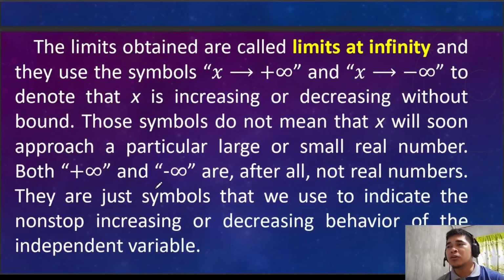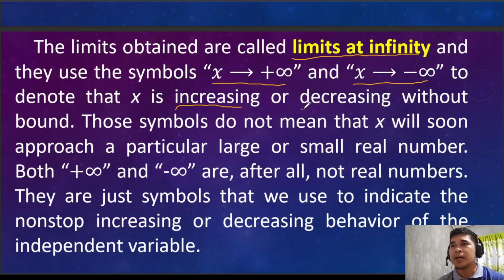So the limits obtained are called limits at infinity. And they use the symbols x approaches positive infinity and x approaches negative infinity to denote that x is increasing, nagkadako, or nagkagamay, decreasing without bound.